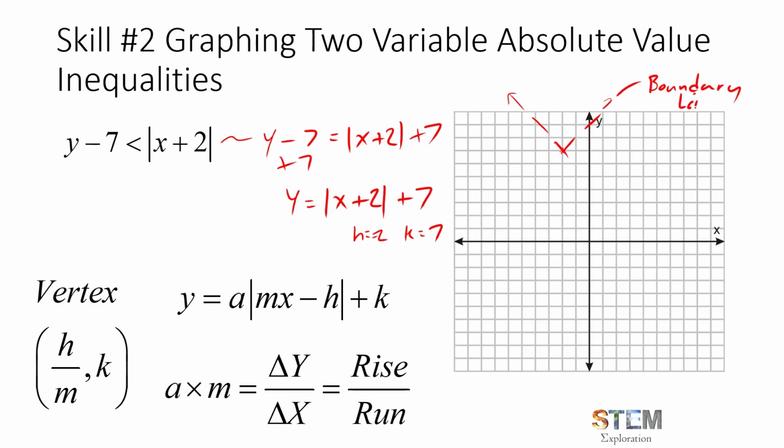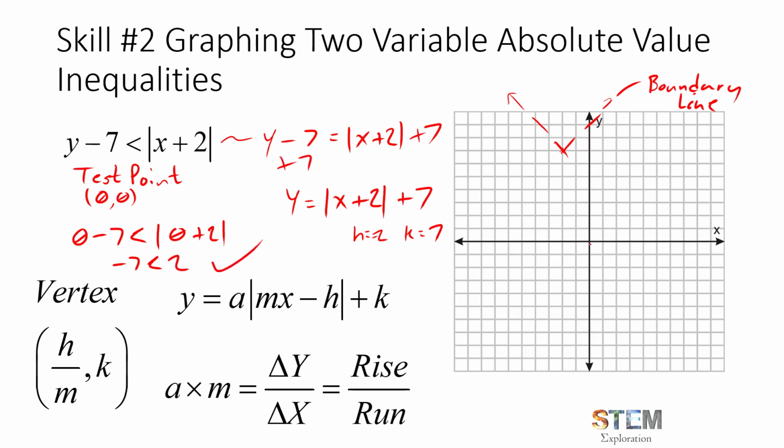we can go and plug in a test point like 0, 0. And as you're seeing here, I'm always going to try out this test point because I like really easy to use test points. You know, anything times 0 is 0, so it just makes it super simple. And so if we go 0 minus 7 is less than the absolute value of 0 plus 2, I will see that negative 7 is less than 2.